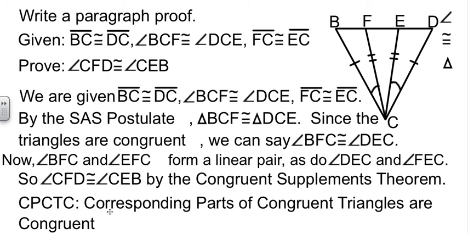CPCTC. Corresponding parts of congruent triangles are congruent. If you know you have congruent triangles, you can use CPCTC as a reason for why something else is true. So instead of saying since the triangles are congruent, I could have said because CPCTC, we can say blah, blah, blah.